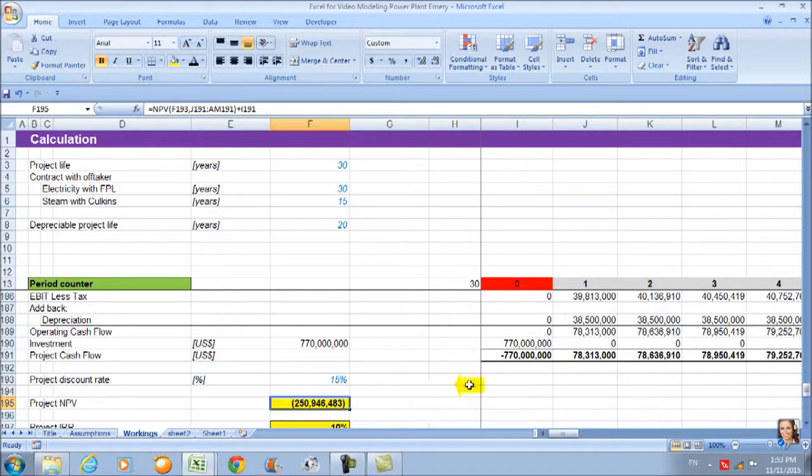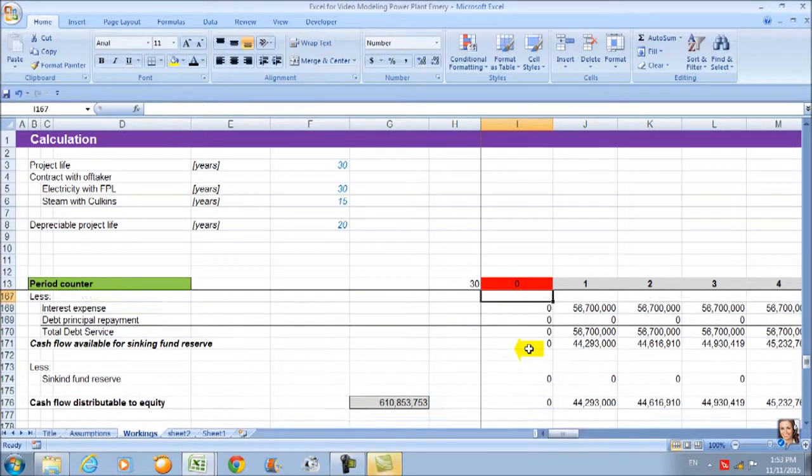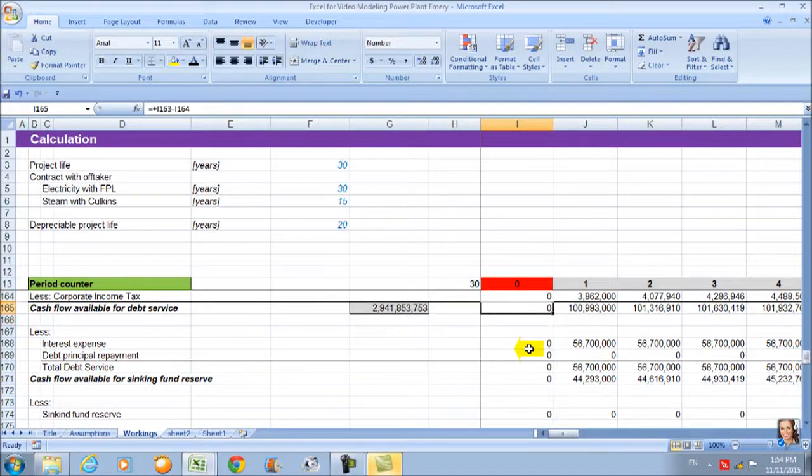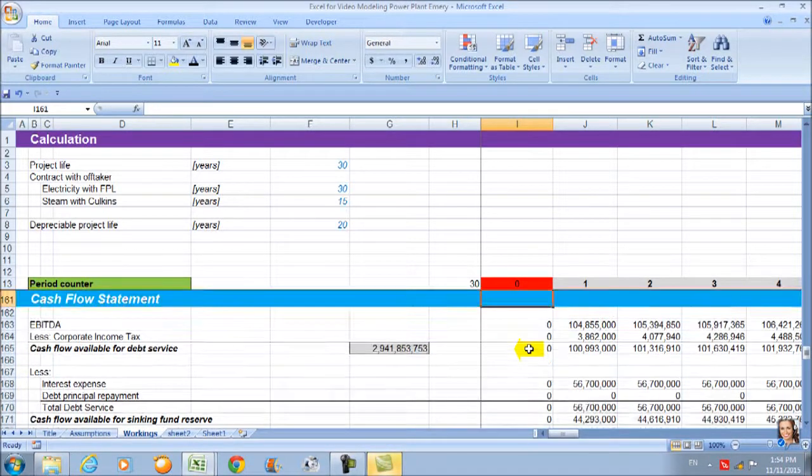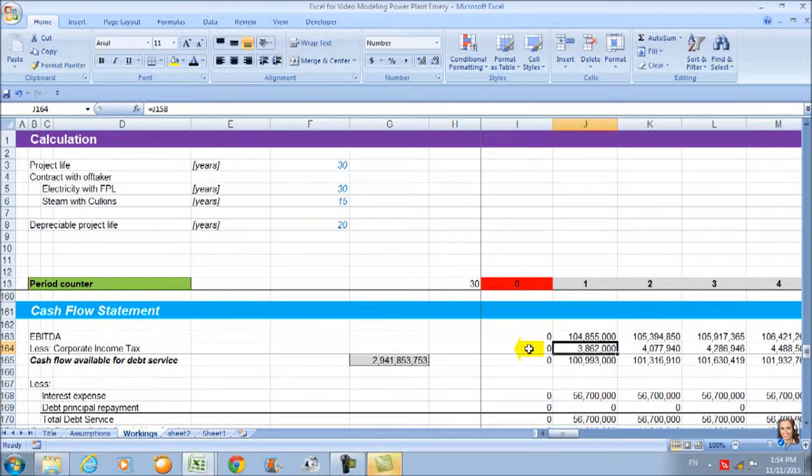Right now you have a cash flow available for debt service. EBITDA, you have a corporate income tax.